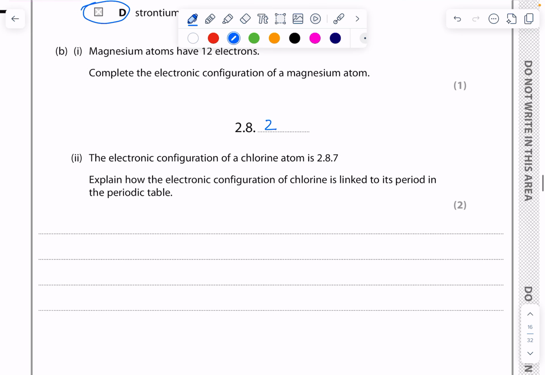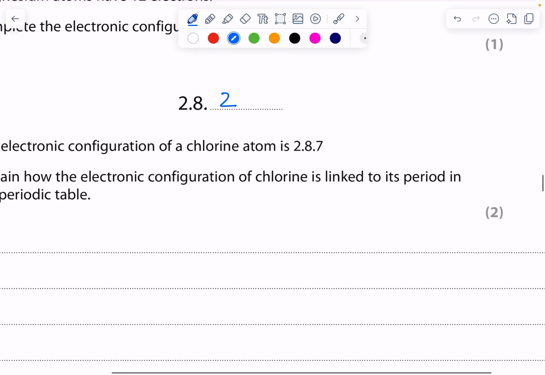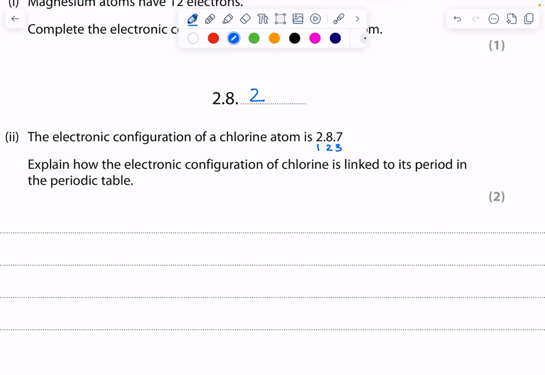The electron configuration of chlorine is 2, 8, 7. Explain how the electron configuration is linked to its position in its period, in the periodic table. So here, the way this works is each energy level is the period in the periodic table. So because the last energy level being used is the third one, this means it's in the third period.